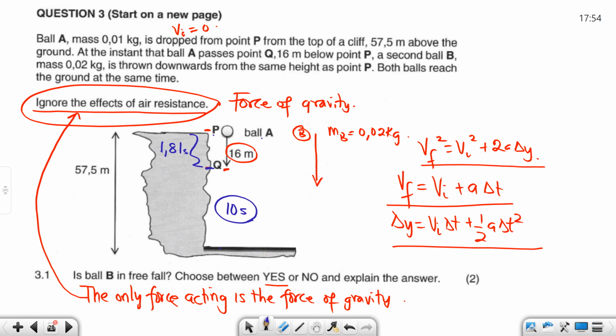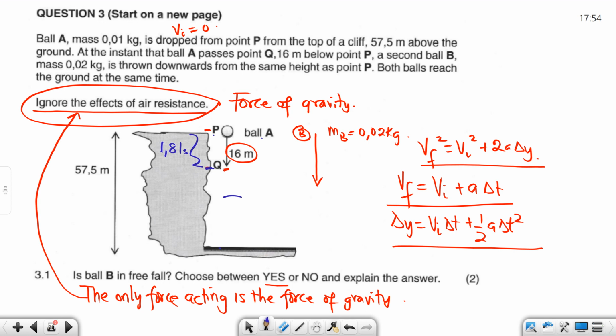So because I have all the information about A, can we look for the time it took ball A and then subtract 1.81? That will be the time it took ball B. Does that make sense? Okay. Let's all find the time it took ball A to reach the ground. I want you to check which formula.